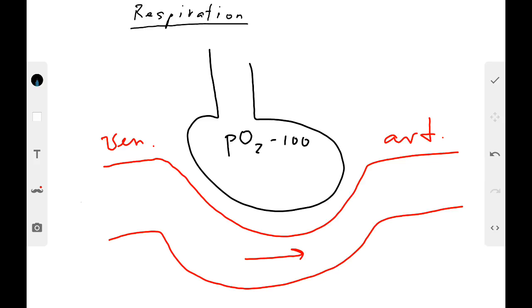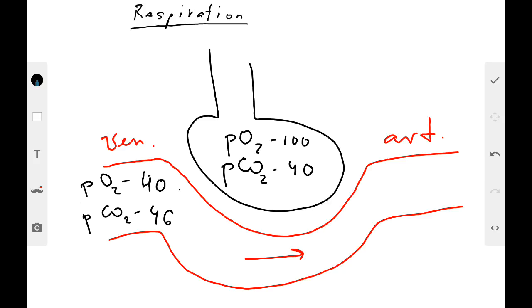Partial pressure of carbon dioxide is 40 millimeters mercury. In the blood, the tension of oxygen, which is equal to the partial pressure, is 40 millimeters mercury. Partial pressure of carbon dioxide is 46 millimeters mercury.